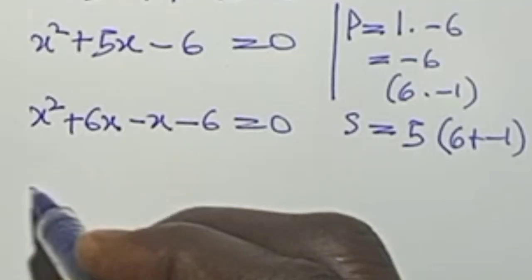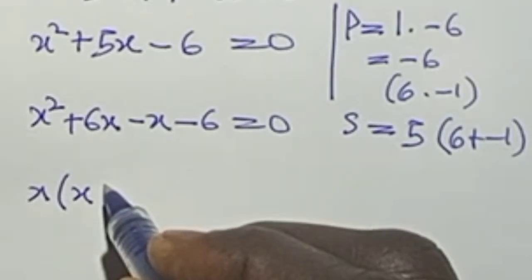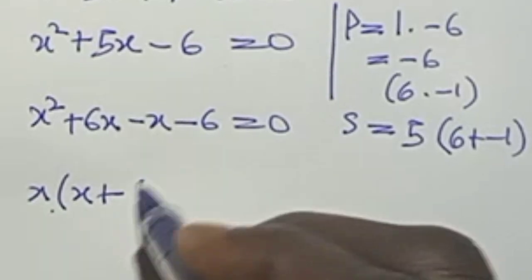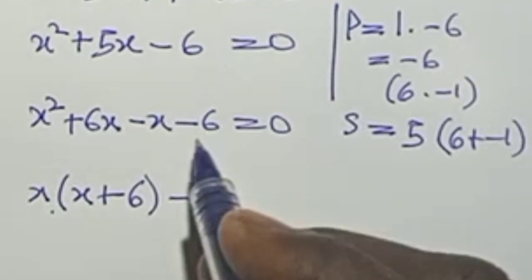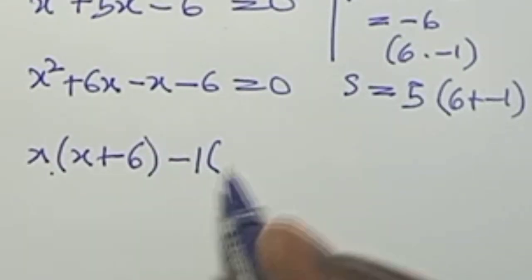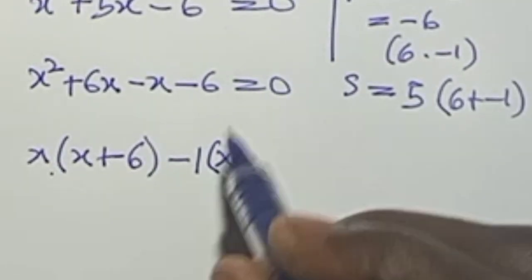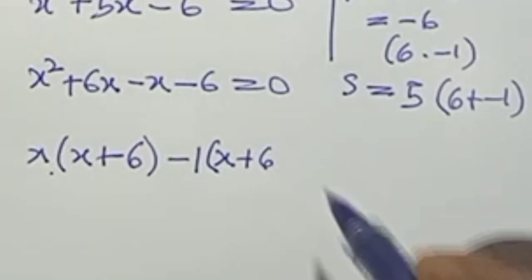So if we factor out s from s squared, we get s, and 6s over s will be 6. And here what is common is minus 1. Open the bracket: minus s divided by minus 1 to be s, minus 6 divided by minus 1, that will be plus 6.